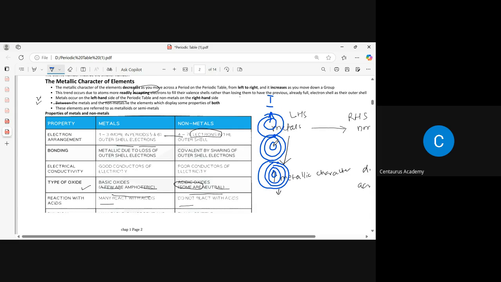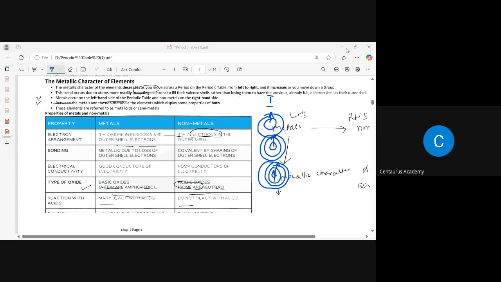So as we are going down the group, the outermost shell electron, or the valence shell electron, is getting further away. This means that the nuclear attraction towards the outermost shell electron, is it going to be strong or is it going to be weak? Weak.